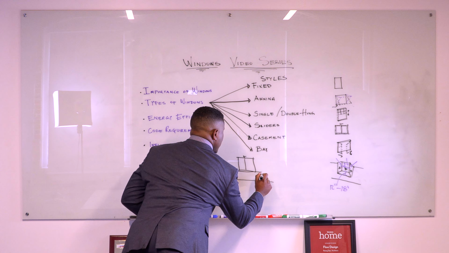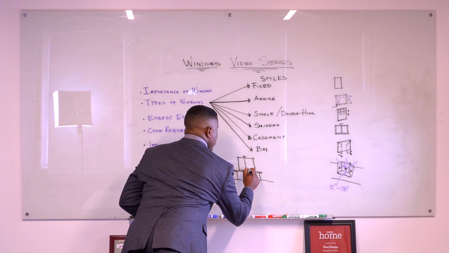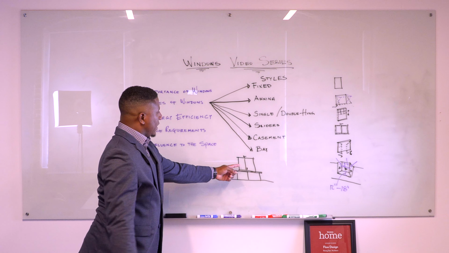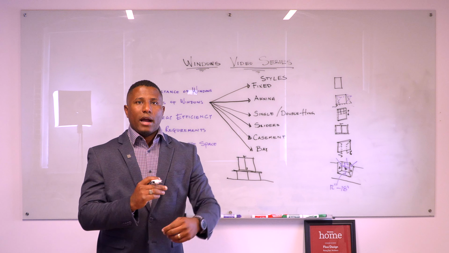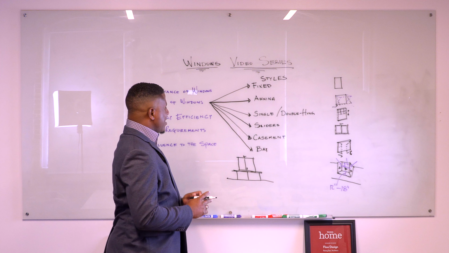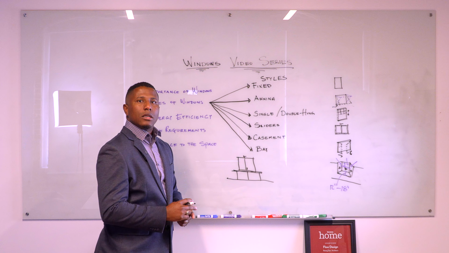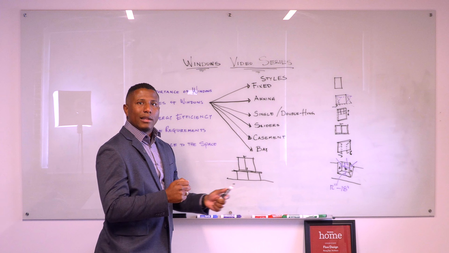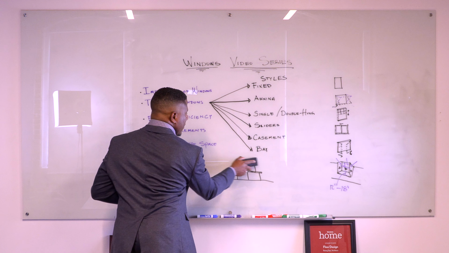Let's say you have a counter here, with your cabinets, and you have your sink here. Let's say you have a sliding window looking at your backyard, but you decide, hey, maybe that might not be the right kind of application. Maybe that's not what you want. Maybe you just don't want to operate the window that way.